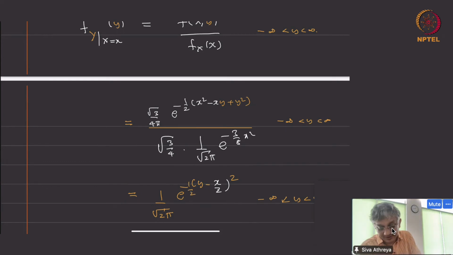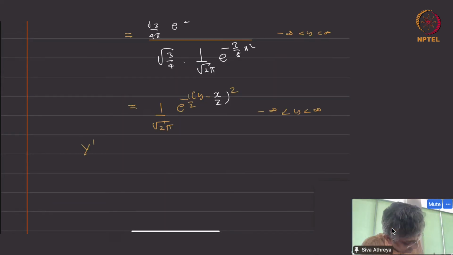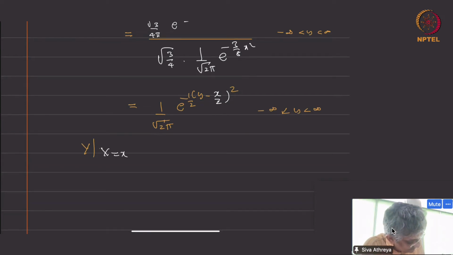That's a nice observation we have, right? So y given X equal to x, in our convention, is given by a normal distribution. The mean is x by 2, and the variance is 1.